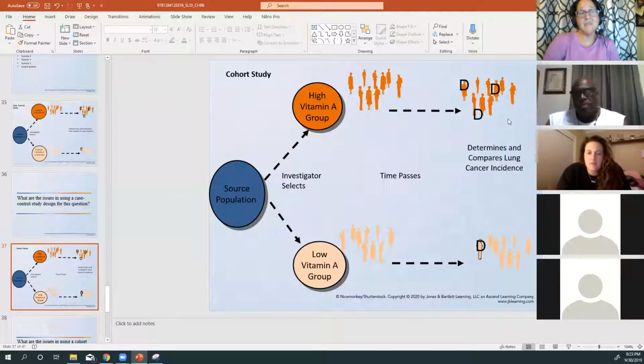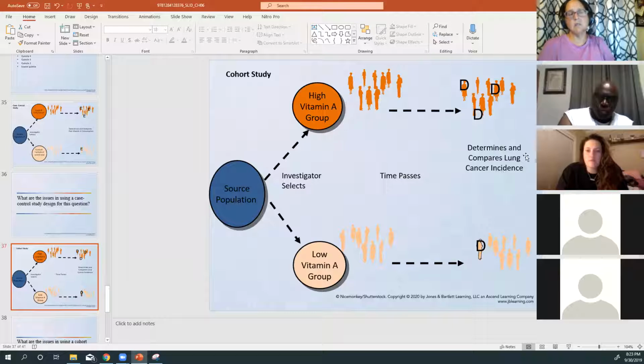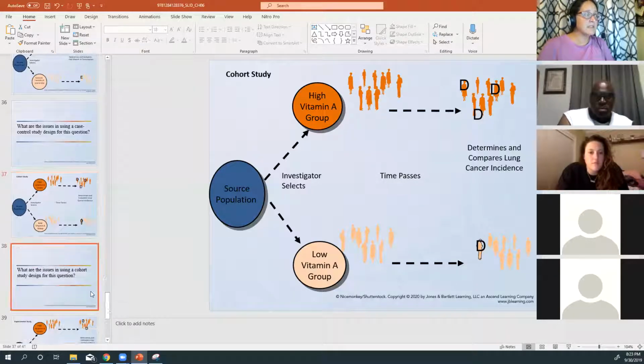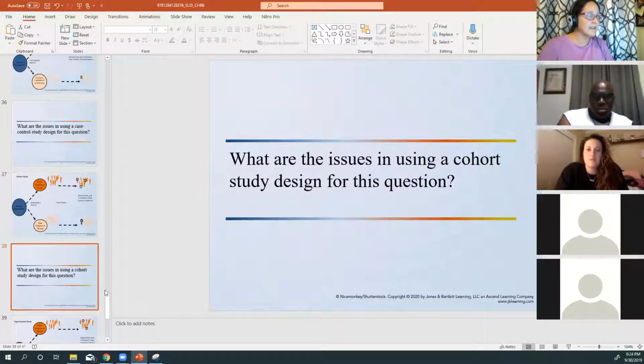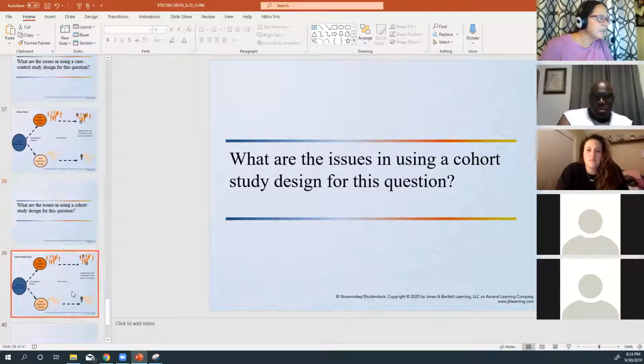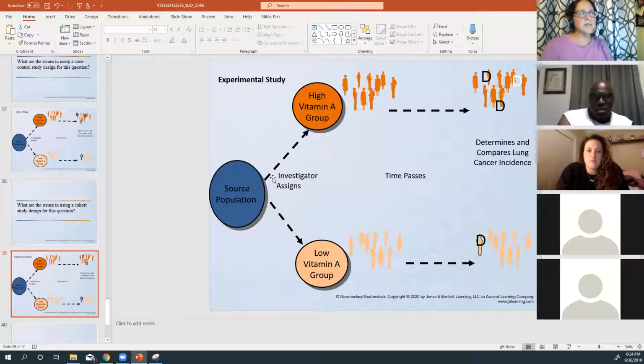I may not have enough people who develop lung cancer to make this a viable comparison. Right? Because then you have to have people in both groups in order to be able to compare. And we have a fairly common exposure with a kind of rare outcome. So that could be a problem that takes place with our cohort design. And then let's look at our experimental study.